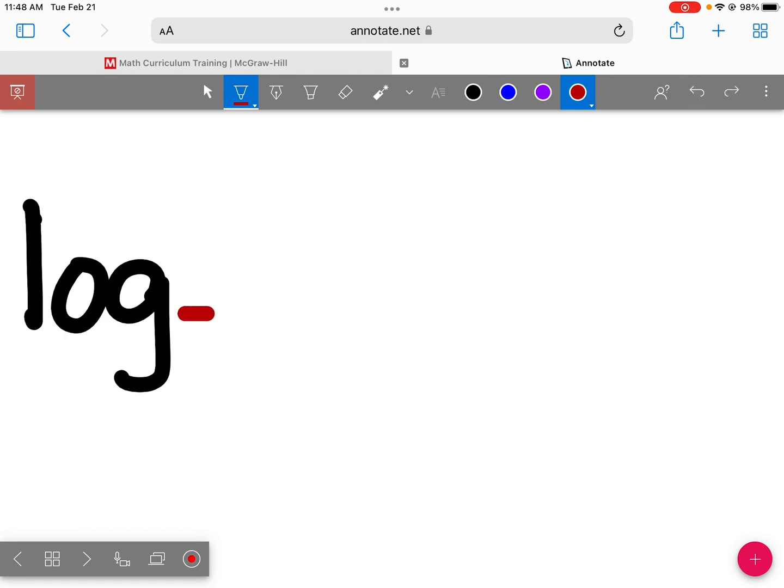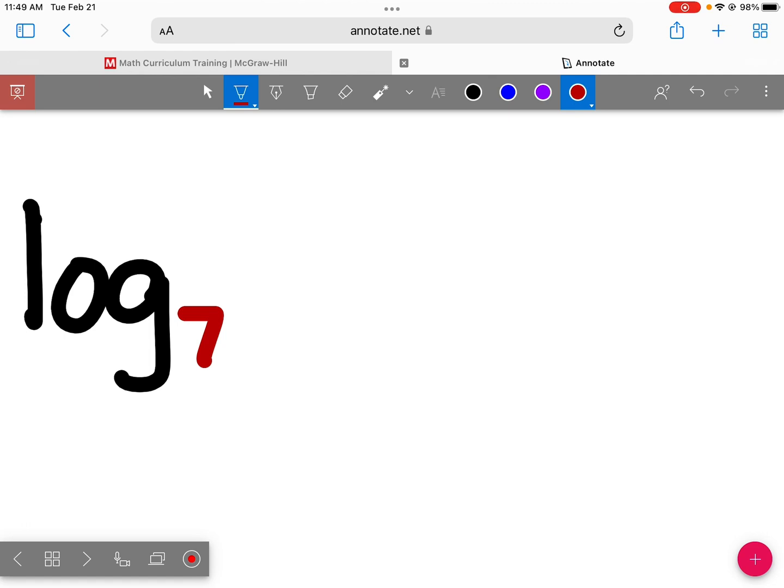Smaller. Like this. I'm going to try not to get picky about that. However, if it's full size and up on the line, just as big as you wrote log or as big as you write your other numbers, that will be wrong. Because that has a very different meaning. I'm not trying to get pedantic or nitpicky, but if you write it the same size, it means something different.